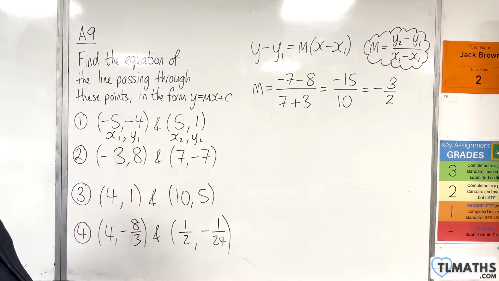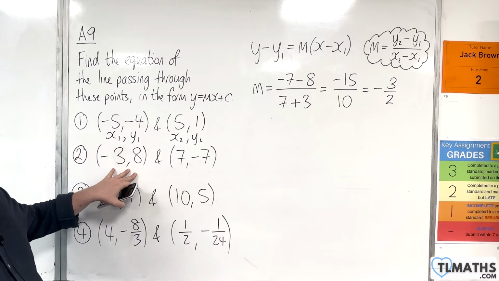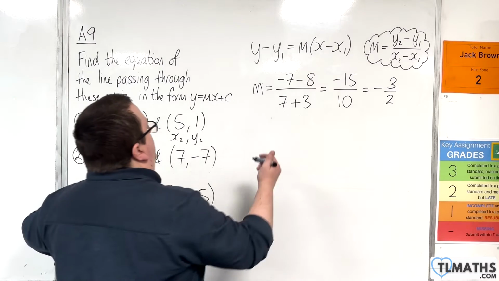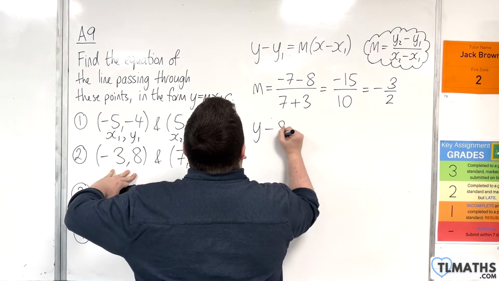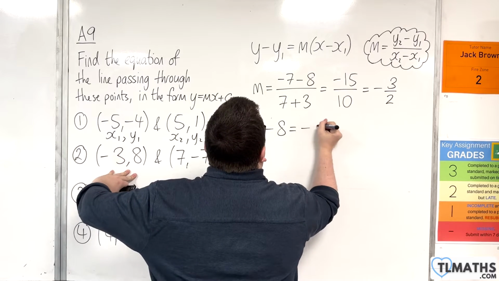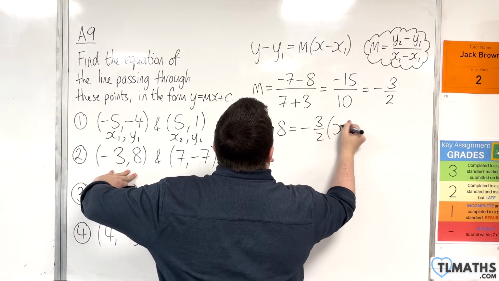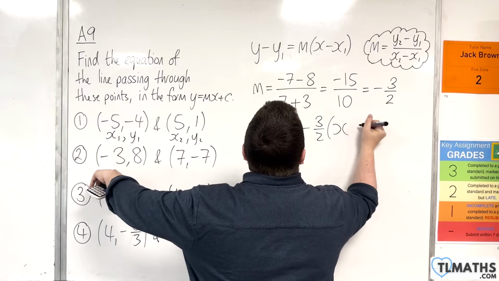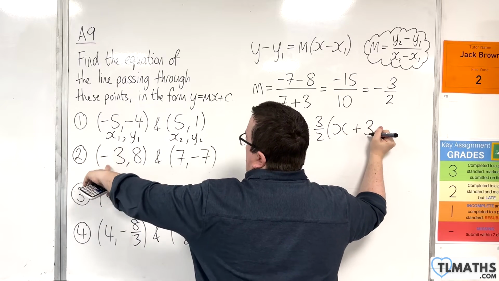So which point am I going to substitute this time? Doesn't really matter, I don't think. I think I'm just going to go with this one, minus 3, 8. So y minus 8 is minus 3/2 times x take away x1, so plus 3 because it's take away a minus.